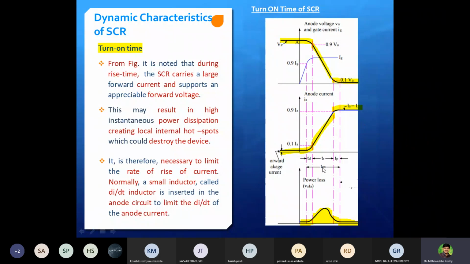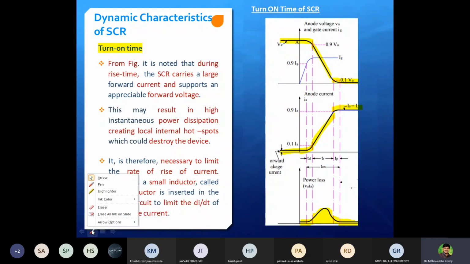If this rate of rise of current is limited, then only can we avoid the hotspot. Otherwise, if it is unable to spread the temperature, then at one point it will reach a higher temperature and the device is going to be destroyed. To overcome that, we use a di/dt inductor inserted in the anode circuit.